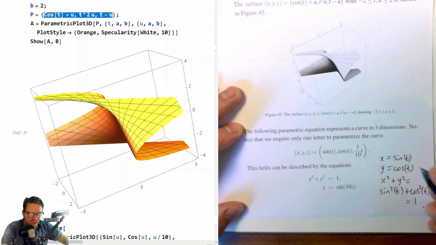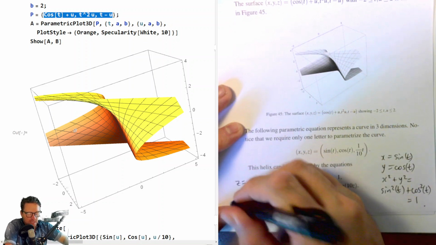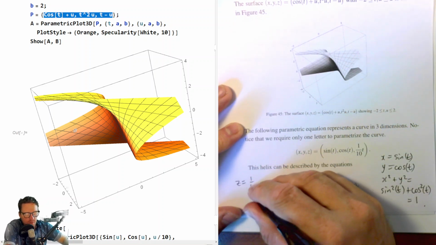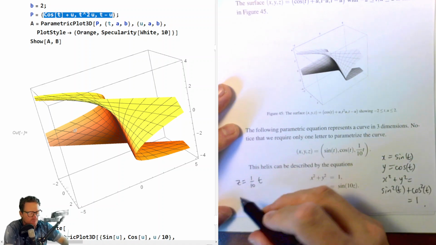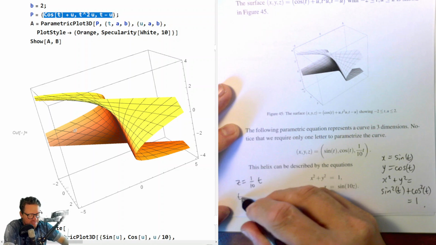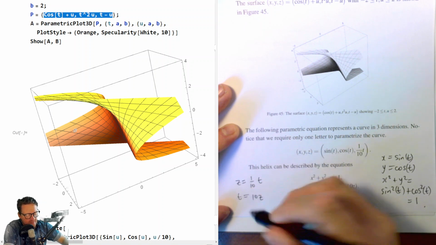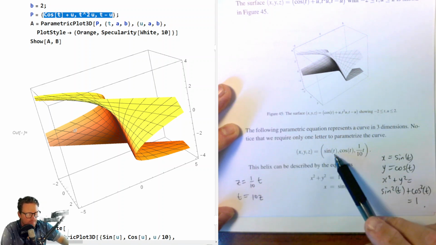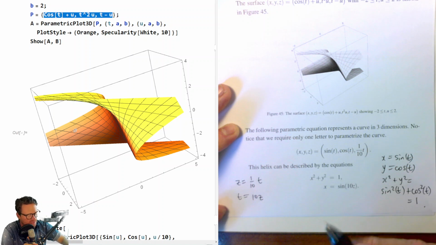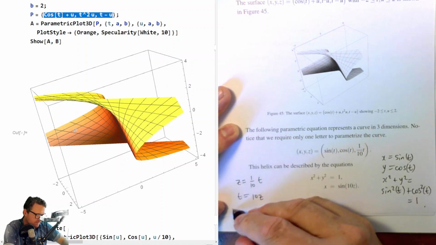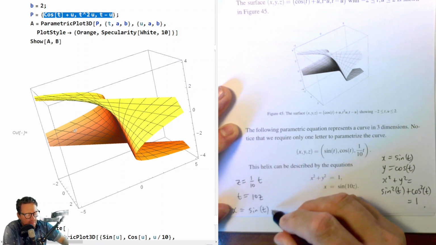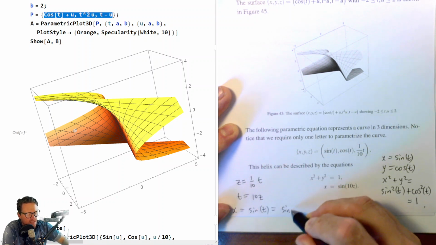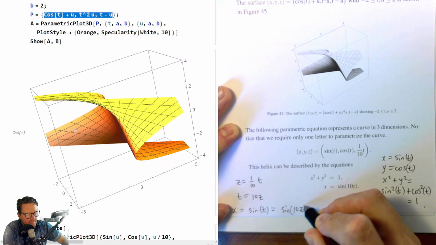Now taking the fact that z is equal to 1/10 t, and multiplying both sides by 10, t is equal to 10z. But here's t inside the sine function. That's x. So x is equal to sine of t, which is sine of 10z.